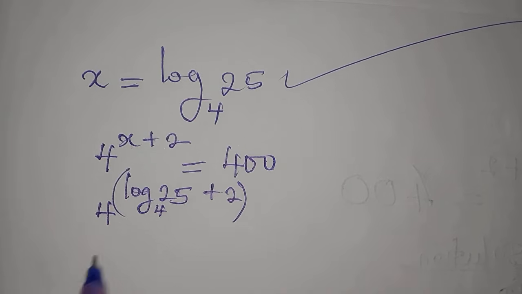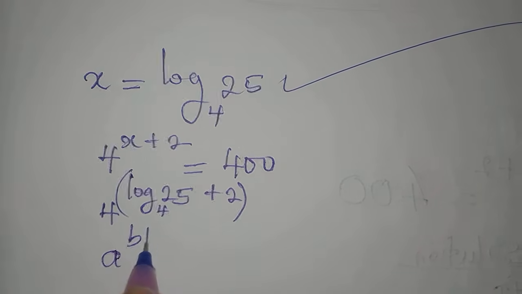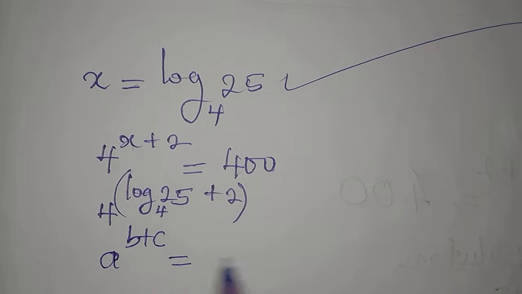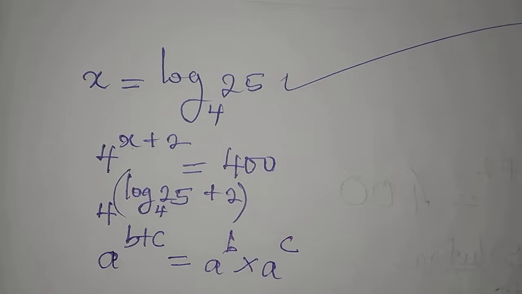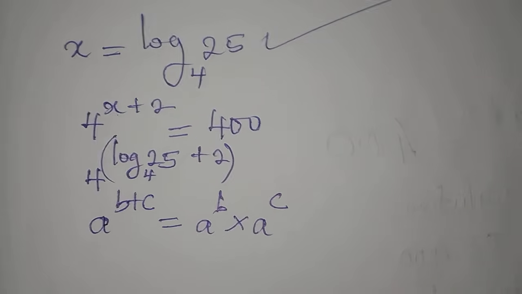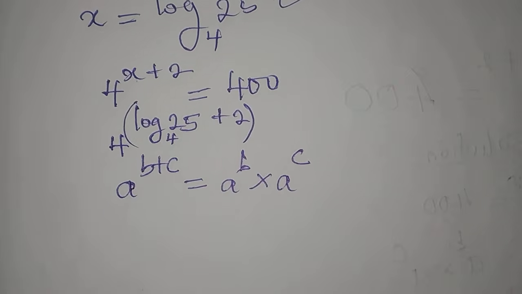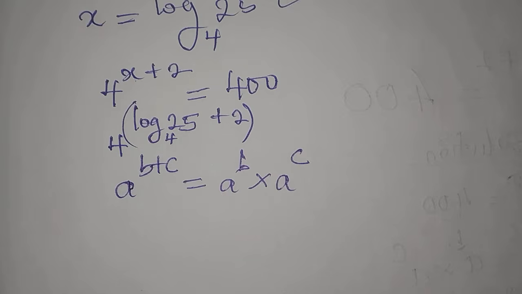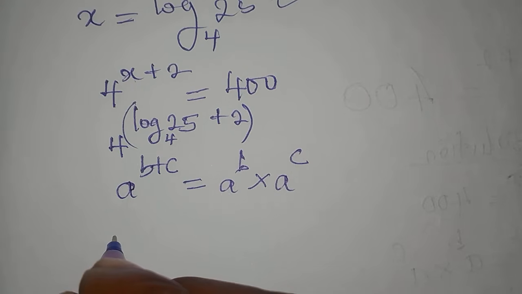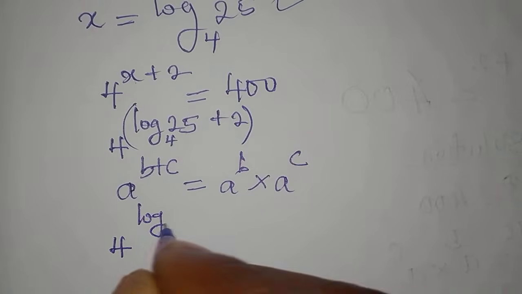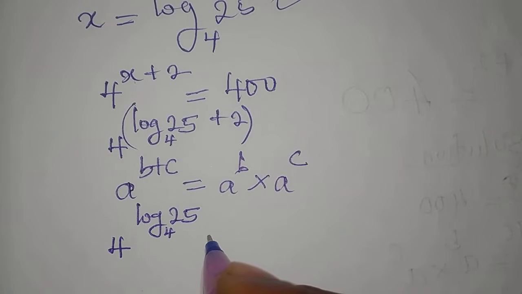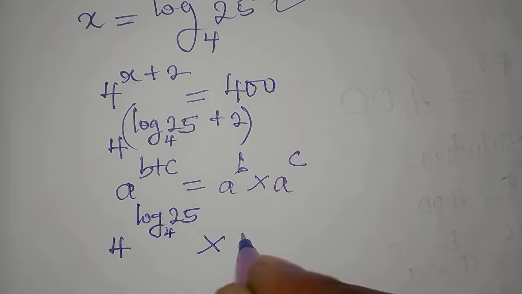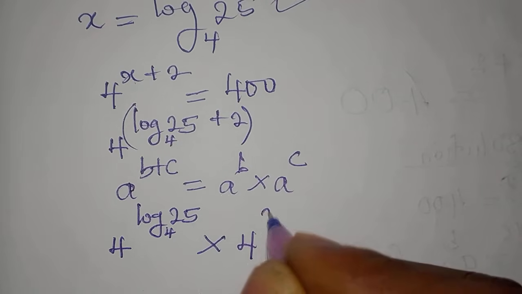Remember what we said before, that a to the power of b plus c is the same thing as a to the power of b times a to the power of c. To continue with this, now we're going to have 4 to the power of log 25 to base 4, then multiply by 4 to the power of 2.